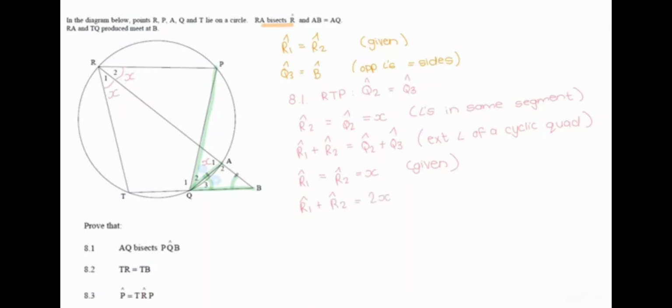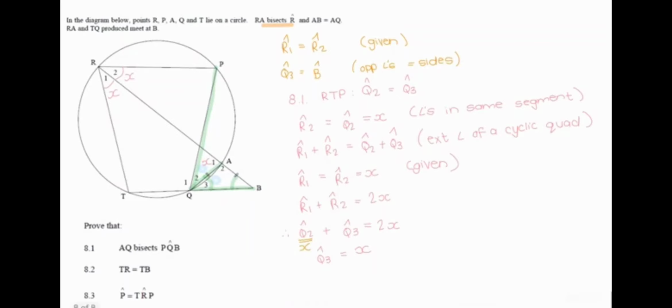And therefore, we know that angle Q2 plus angle Q3 has to be equal to 2x, which therefore means that angle Q3 has to be equal to x, because we've already proven that Q2 was x. The only way I can get 2x is if the corresponding one is x as well.